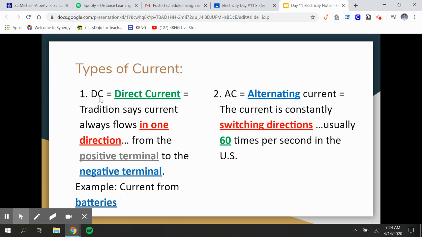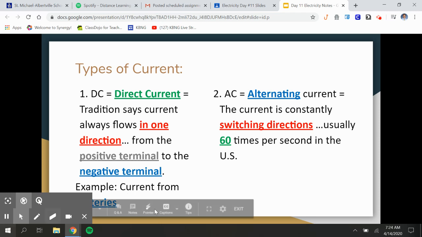Direct current directly flows in one way. If you're talking about the traditional way, it goes from positive to negative, but in the actual way that electrons move, you're going to move from the negative terminal through the circuit to the positive, because electrons are negative. Batteries are direct current. They flow from the negative terminal to the positive terminal.